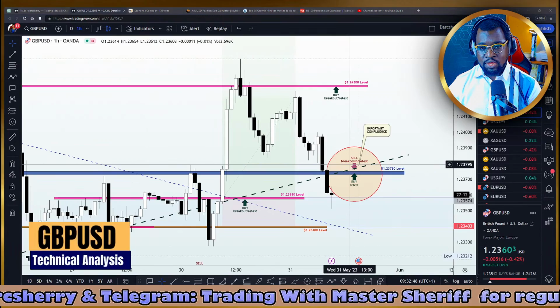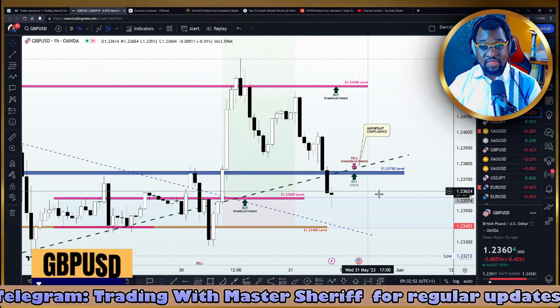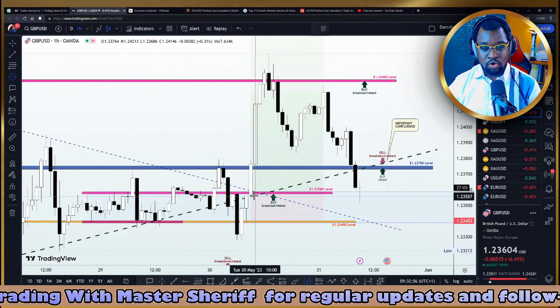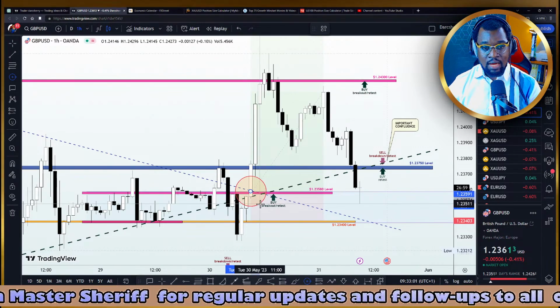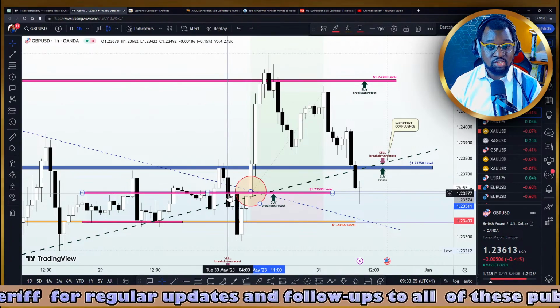So on the GBPUSD, we had a buy position yesterday, actually. I think we had 2 buy positions after we saw the breakout of the 1.23235 level, which I told us during the live session yesterday that we should have a buy stop above that structure.